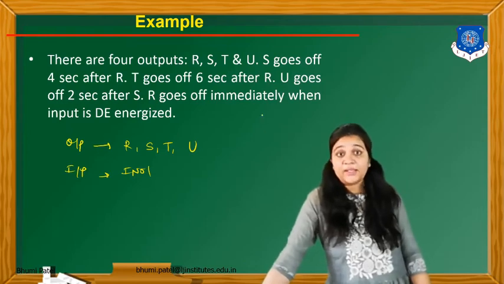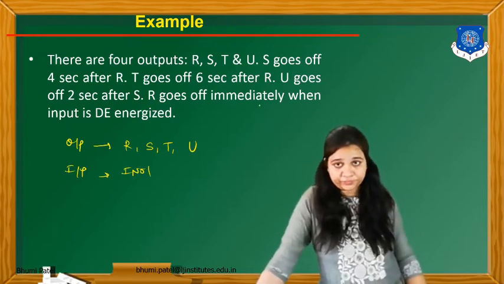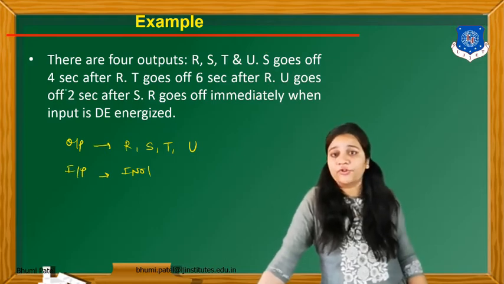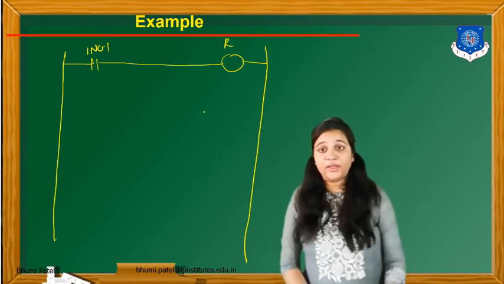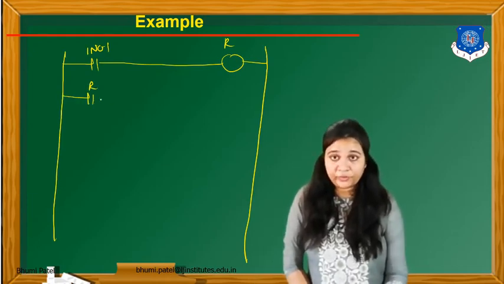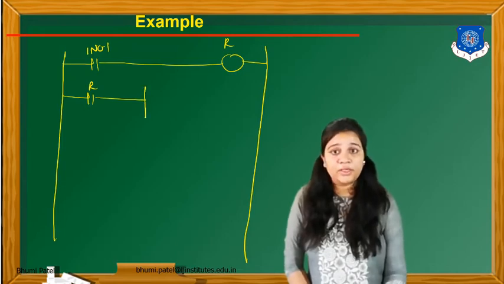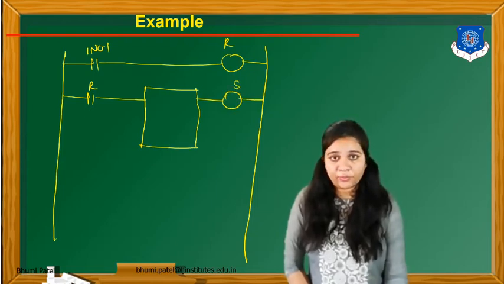Then next, S goes off 4 seconds after R. So what is the input for the S? We compulsorily take R as the input. Here we can take the T off delay relay, and this is my S output.